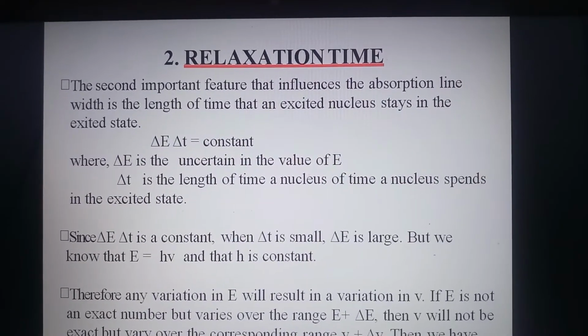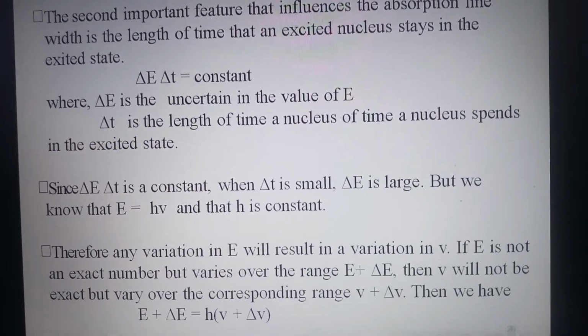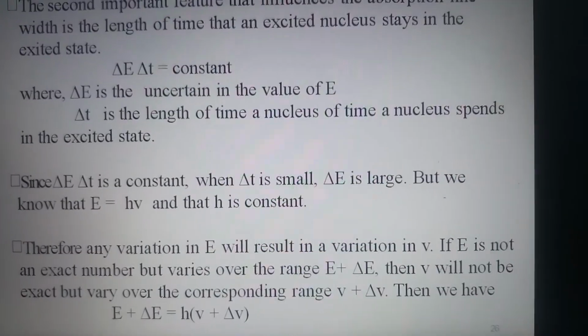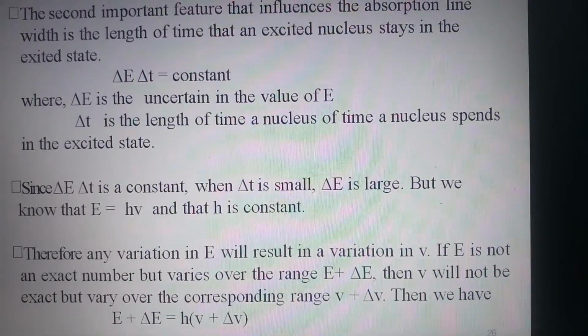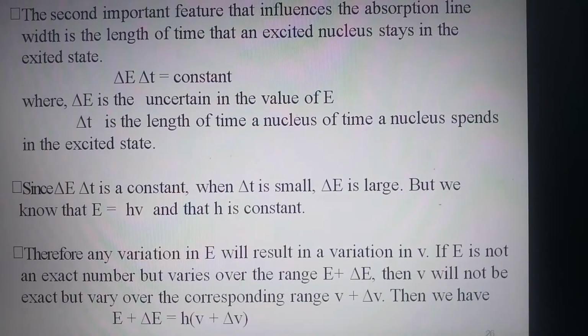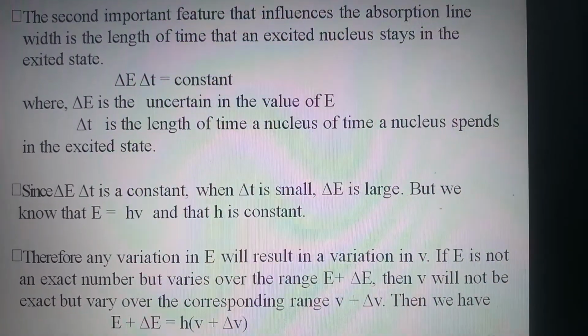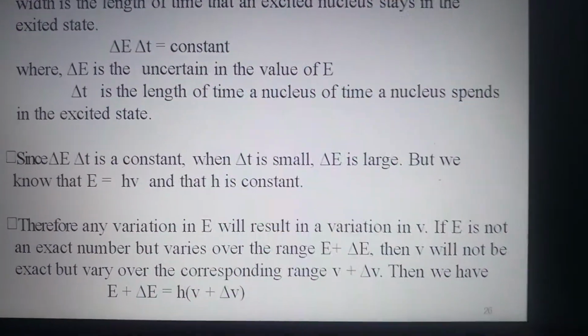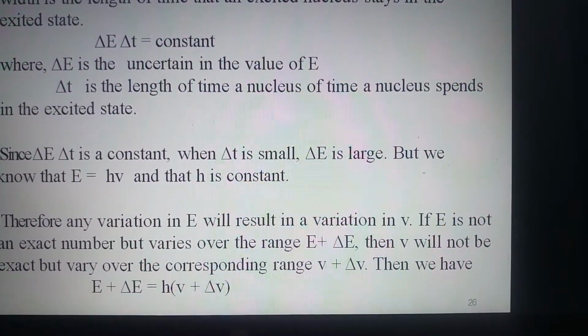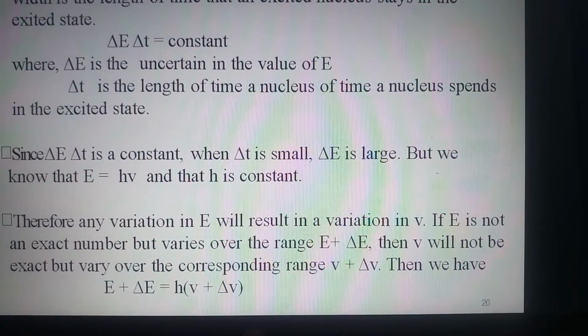Since delta E times delta T is a constant, when delta T is small, delta E is large. But we know that E is equal to h nu and that h is a constant. Therefore, any variation in E will result in a variation in nu.